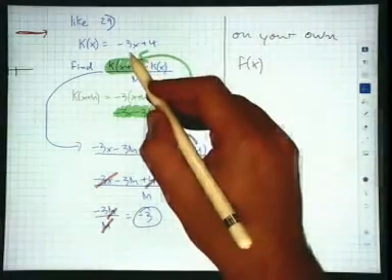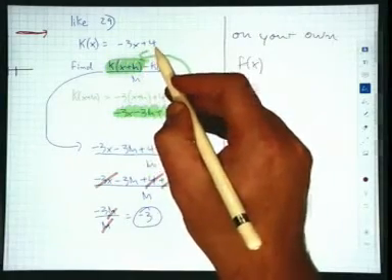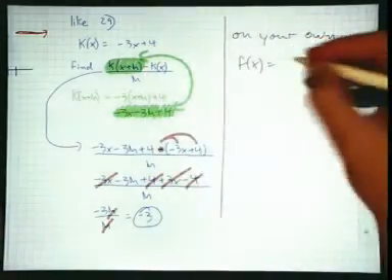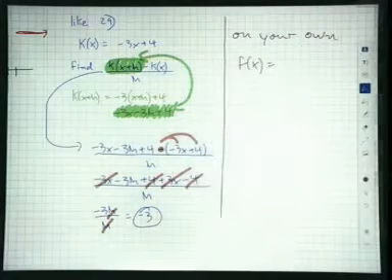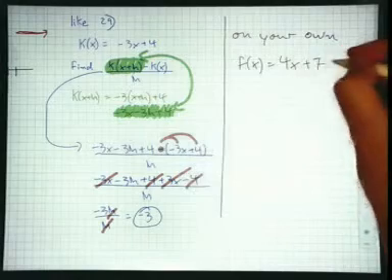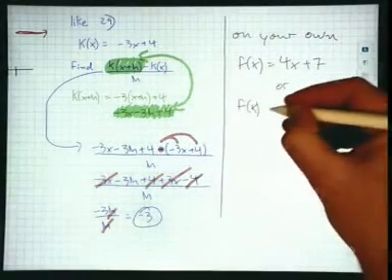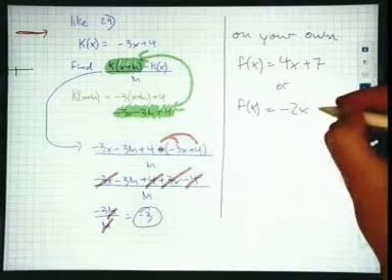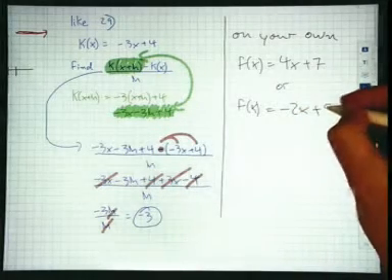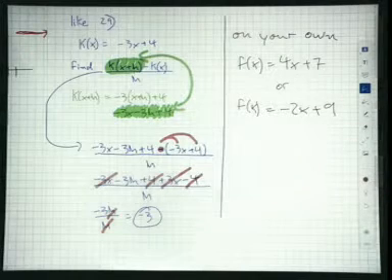Notice what 29 is. You have a variable term, x to the first degree, and a constant. So just make stuff up. 4x plus 7. Or, let f of x be equal to negative 2x plus 9. Try them out on your own.